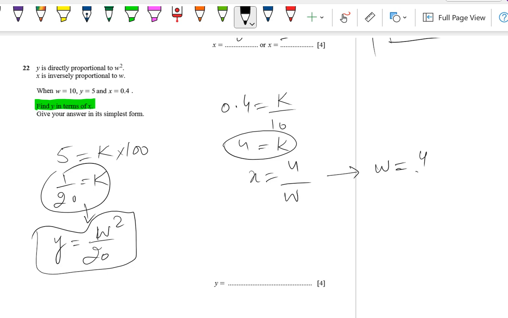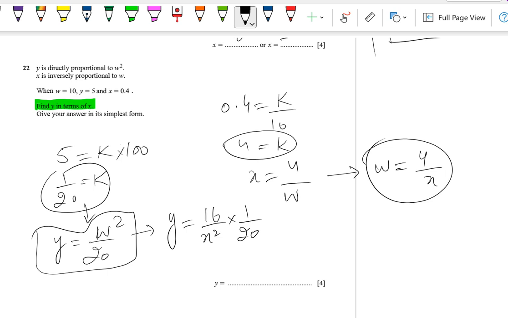So your w would be 4 over x. So this equation will become y is equal to w square, so 16 over x square times 1 by 20. After simplification, 4 by 5. So 4 by 5x square should be the answer.